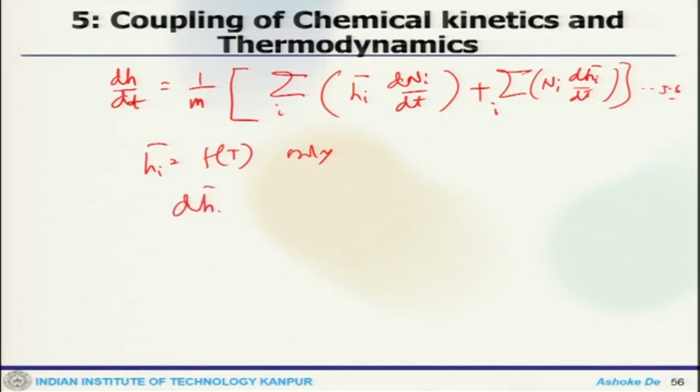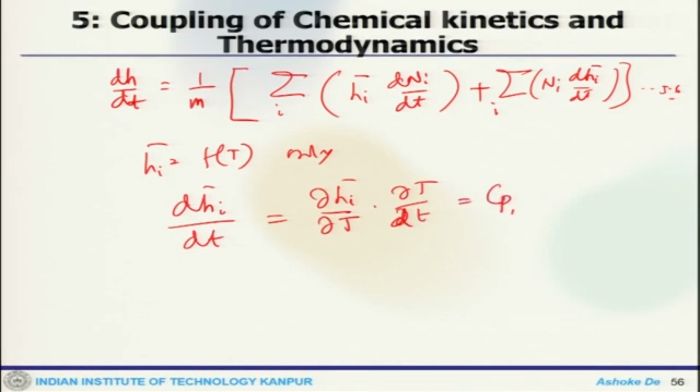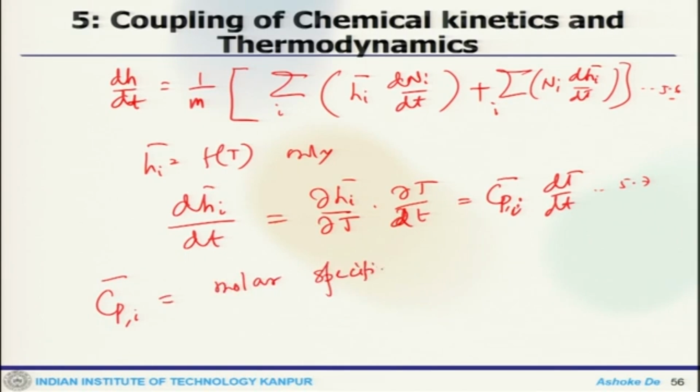So, one can write dHi by dt equals Cpi dT by dt, where Cpi is the molar specific heat at constant pressure. This is where we stop today, and we will take it up in the next lecture.